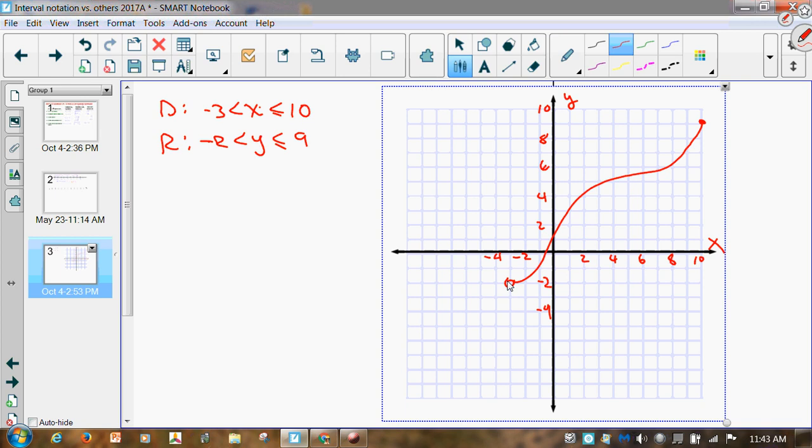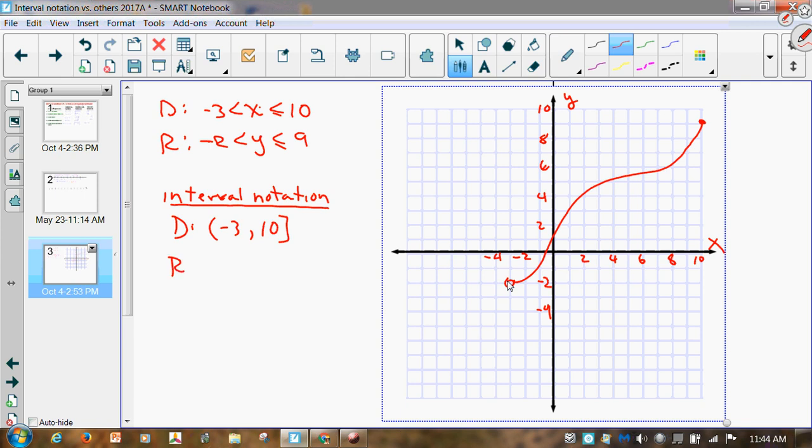And then what do we do with the interval notation? We would list that as the -3 with a parenthesis and the endpoint as a 10 with a bracket. So the interval notation for the domain would be -3 with a parenthesis, and +10, and it would include the value 10, so we use the bracket.